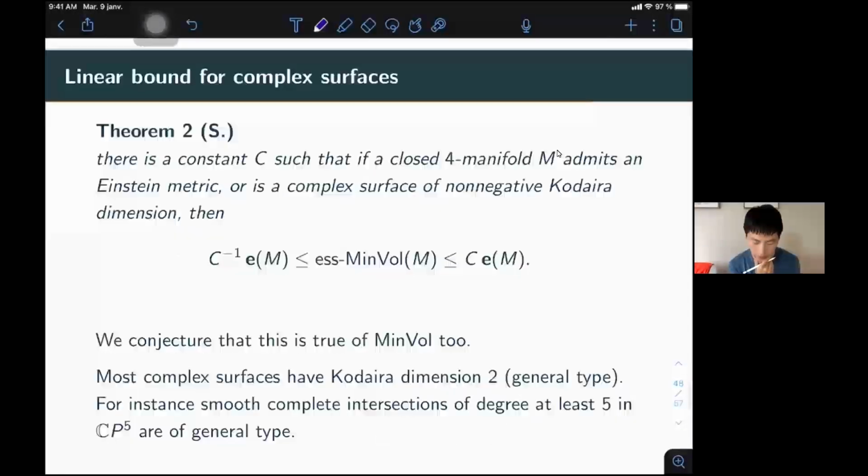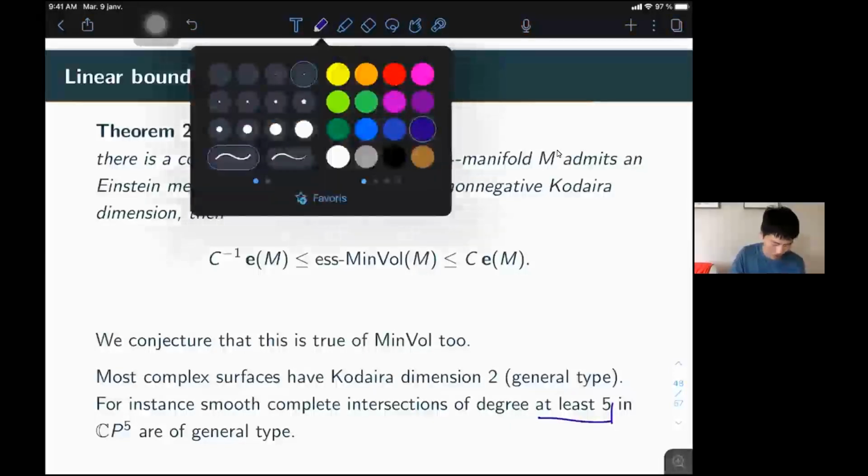So I didn't define what non-negative Kodaira dimension is. I won't, but one example to keep in mind is that if you look at zeros of polynomials, say of degree at least 5, and if it's smooth, then, okay, a lot of typos today.